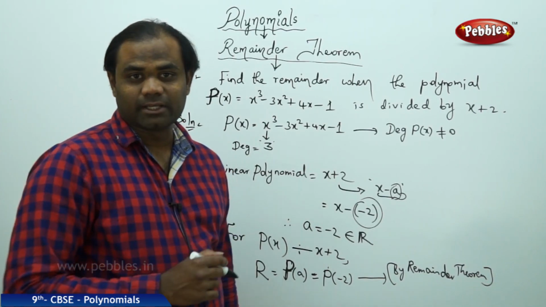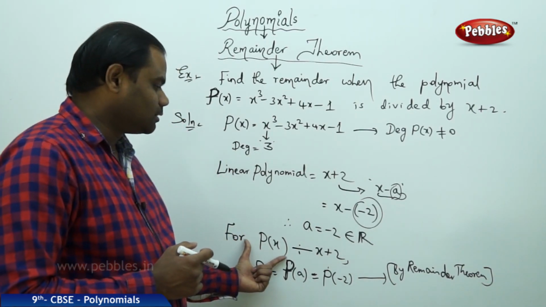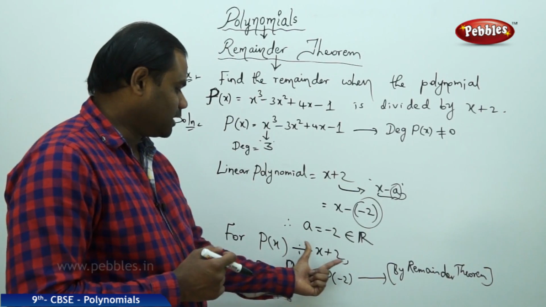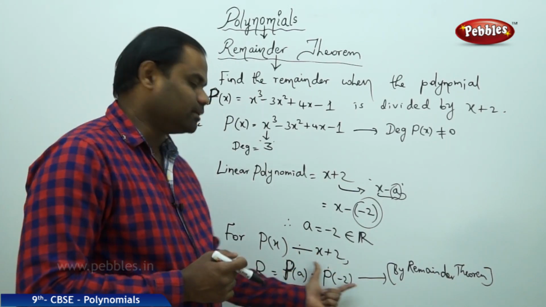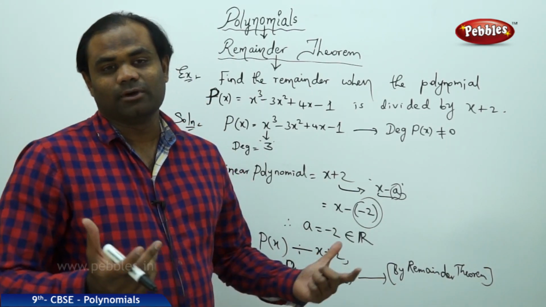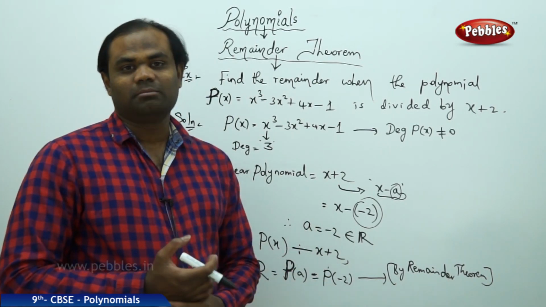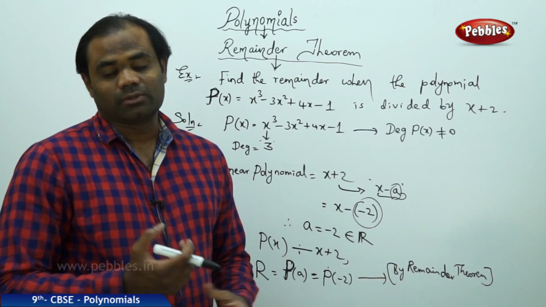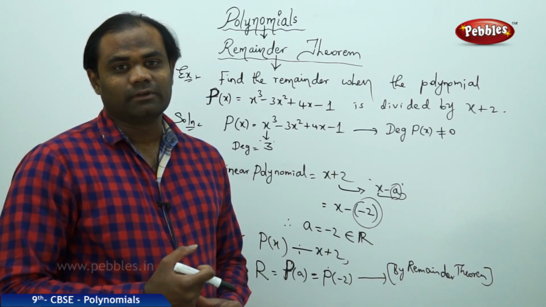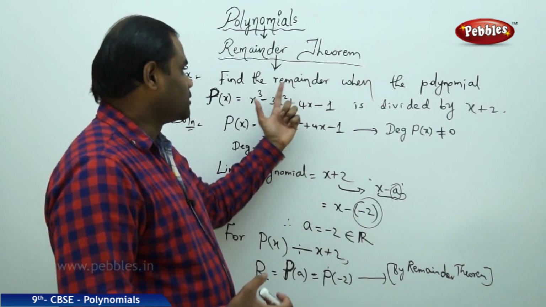The remainder theorem clearly says that when a polynomial which is of non-zero degree is divided by a linear polynomial, the remainder is f of a or p of a. And in this case, a being minus 2, it is p of minus 2. Without any long division process, we can directly find the remainder using the remainder theorem.